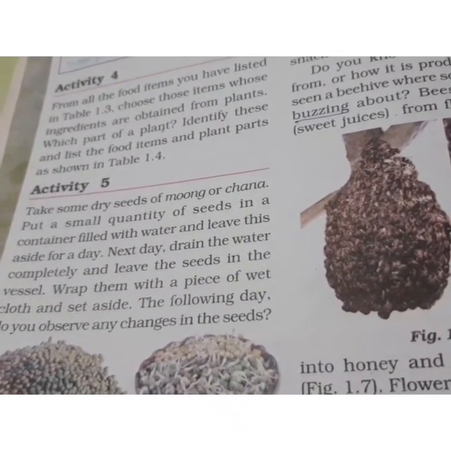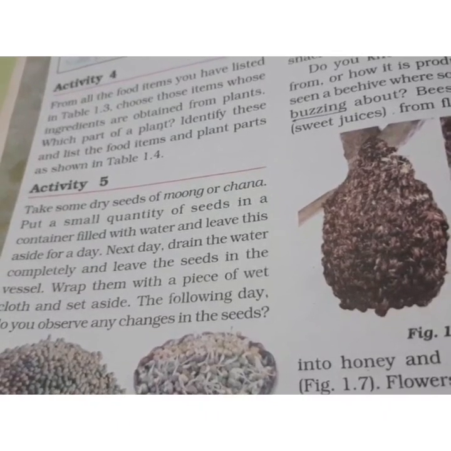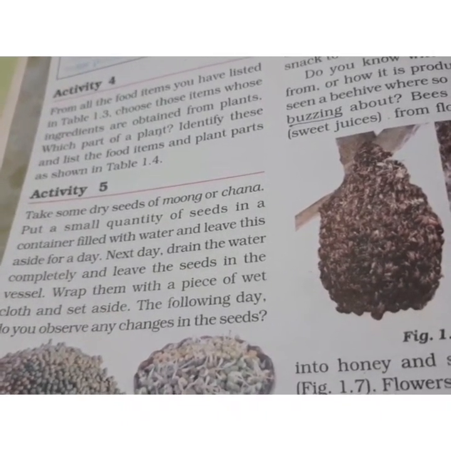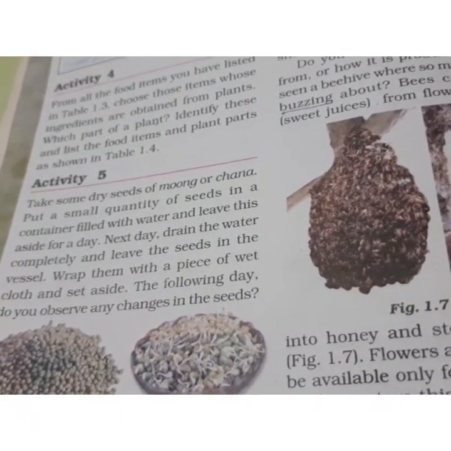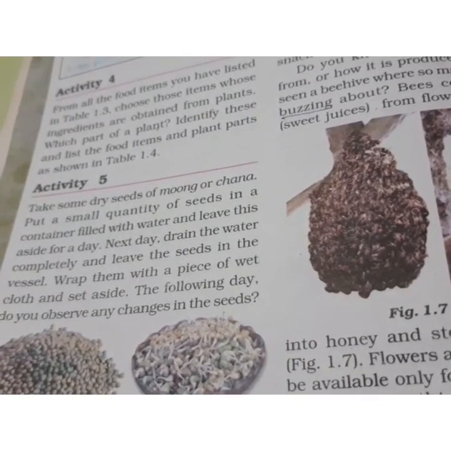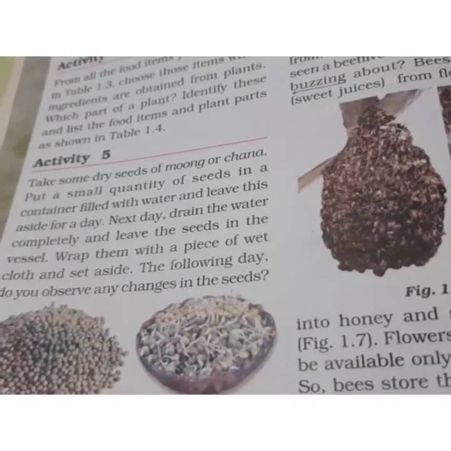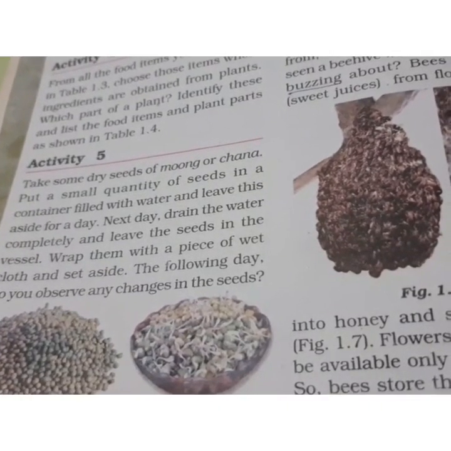Animals also give us food like milk, meat and eggs. From milk we can make different products like cheese, butter, ghee, etc. So we come to know that the main source of food is plants and animals.